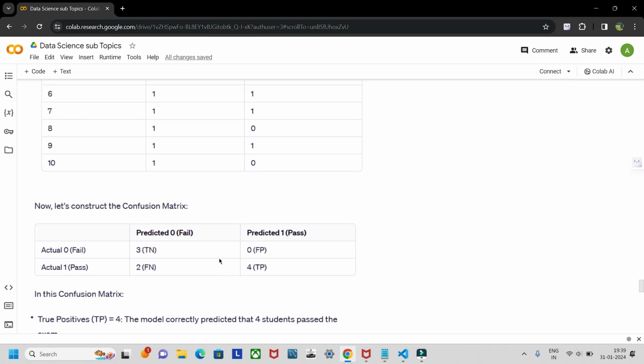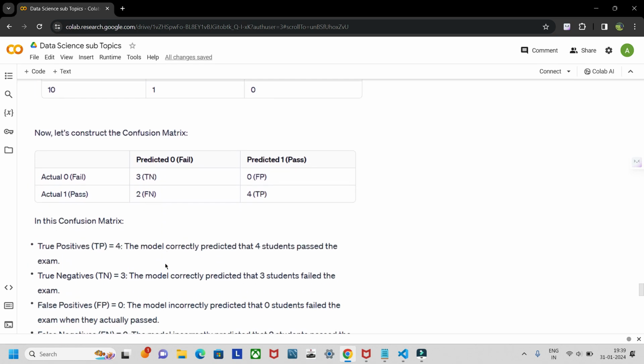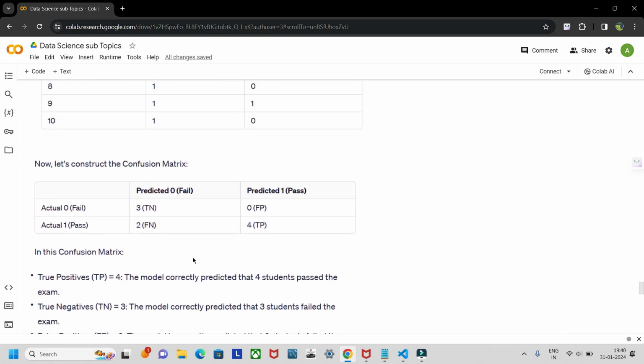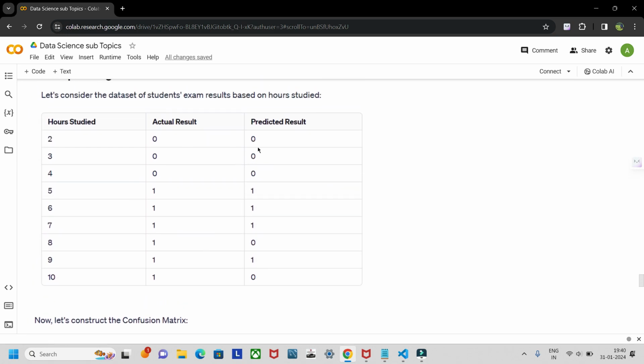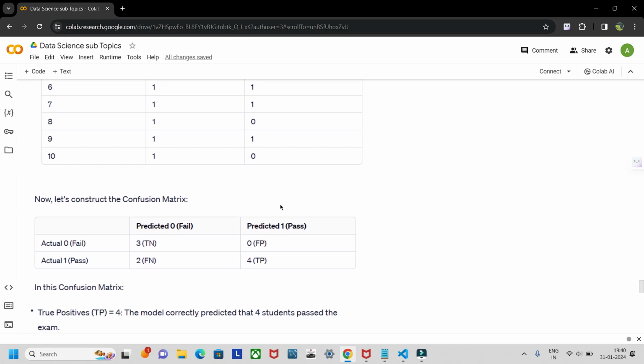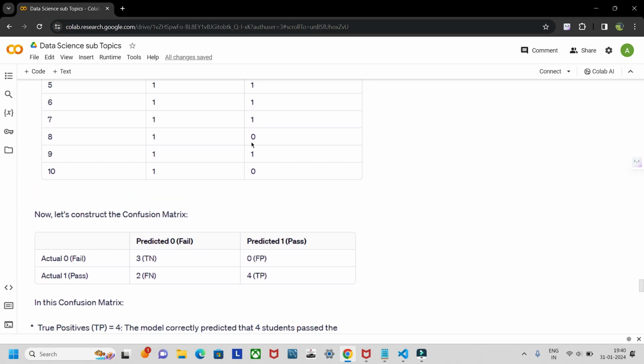In our case the false positive, the type 1 error, is 0 because we have not incorrectly identified anything. But in the case of false negative, even though the person passed, we have incorrectly identified them as failed. This has a lot of impact. Though he passed, we are saying he has failed, so this might lead to a career gap.